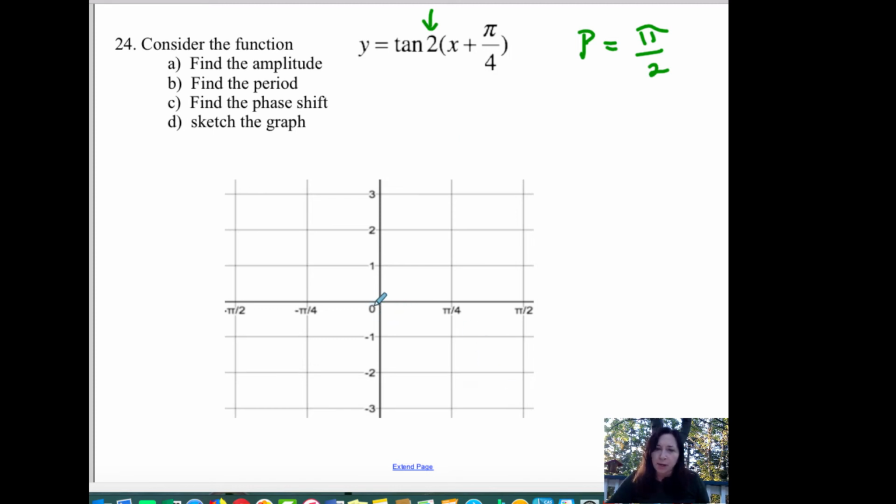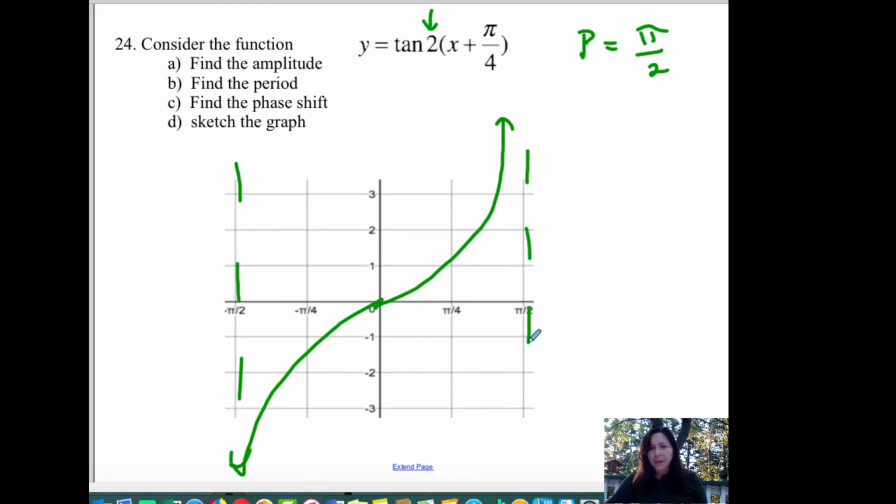So what a regular tangent graph does this. Because a regular tangent graph has a period of pi. It's going to be pi over 2, pi over 2. However, this graph has a period of pi over 2.